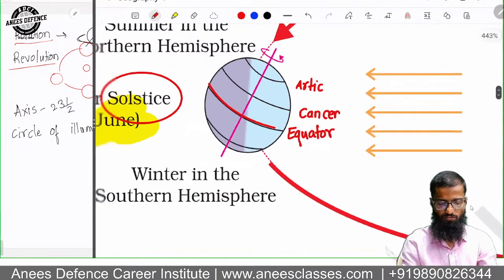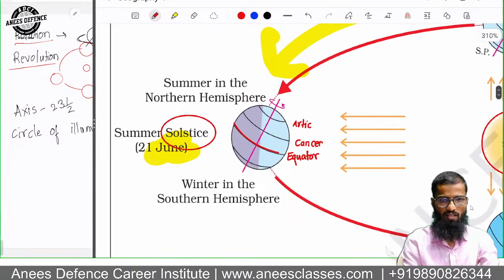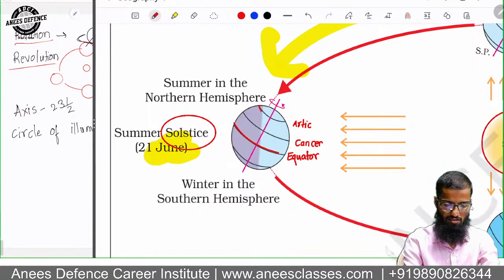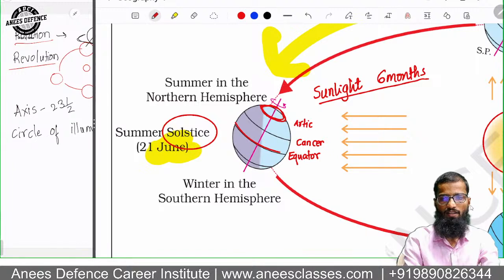So if you look at this, this circle will continuously receive sunlight for 6 months without any darkness.